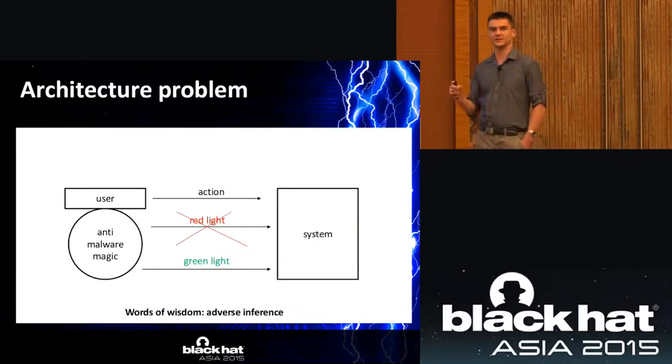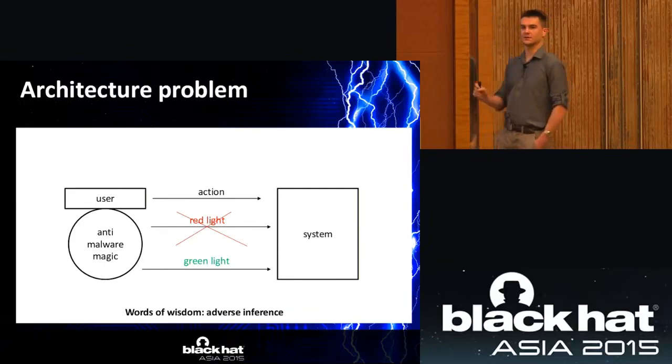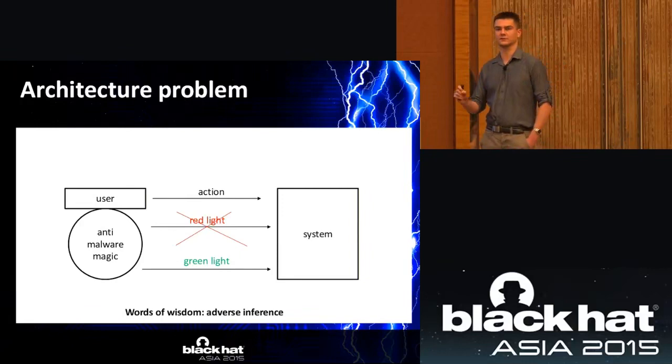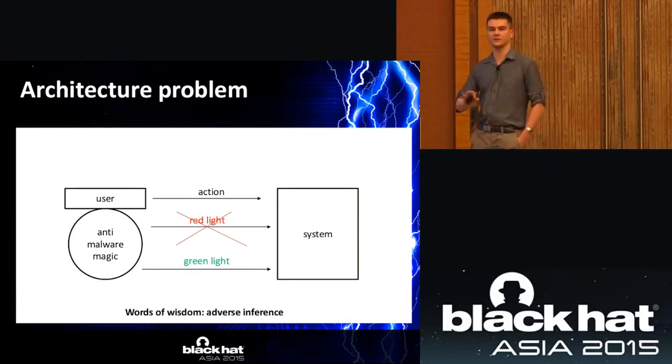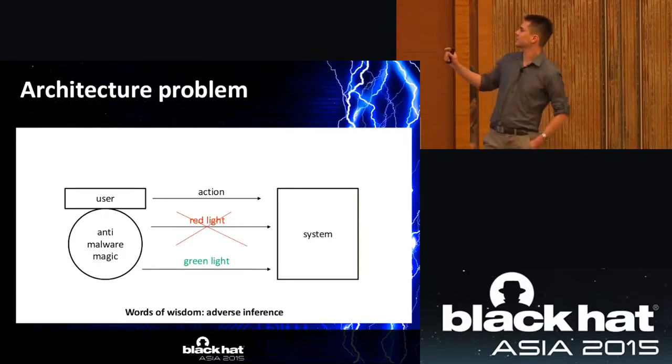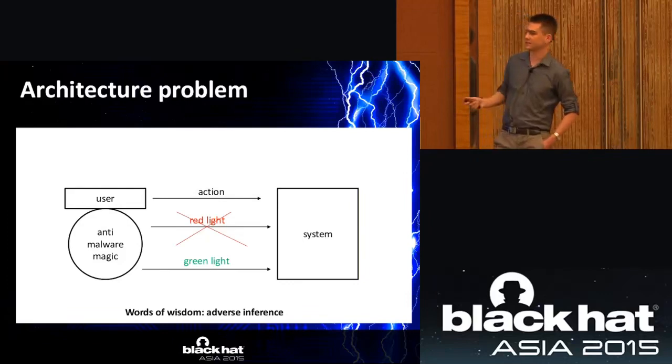Why? Because the client web browser sends a red light when something is wrong. So when it spots a malware, a red light is sent, and if we cut this red light, then the system thinks that everything is perfect. What we suggest is using something like adverse inference.